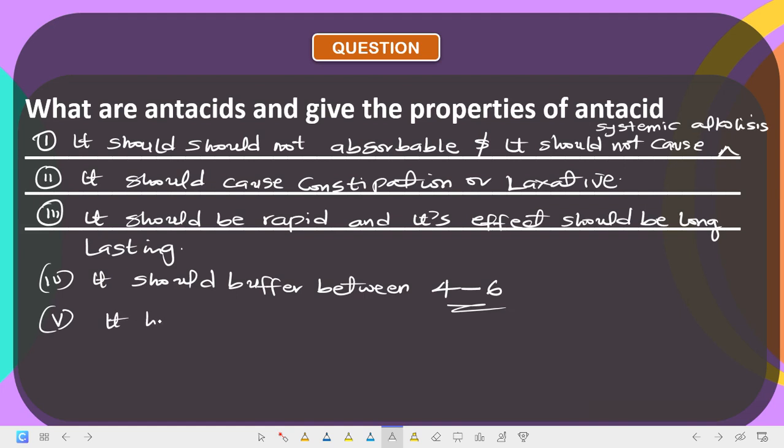We said it before when I was defining the antacid. It should probably inhibit pepsin. Okay, so these are the properties of antacids.